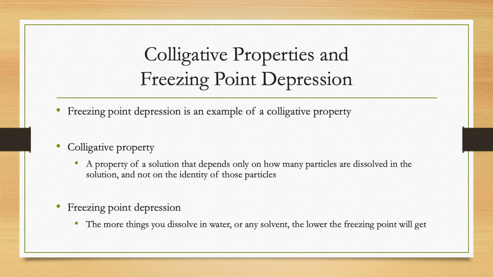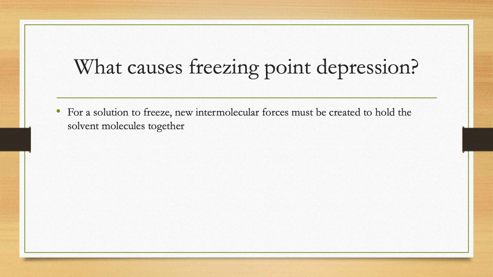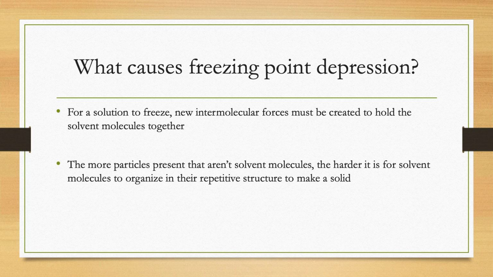So for a quick look at why freezing point goes down as we add more things to a solution, remember that for any solution or really any liquid in general to freeze, you need to make new intermolecular forces to hold solvent molecules together tight enough to make a solid. But the more stuff that you add to your solution that isn't the solvent, the harder it is for the solvent molecules themselves to organize in the repetitive structure they need to form that solid.